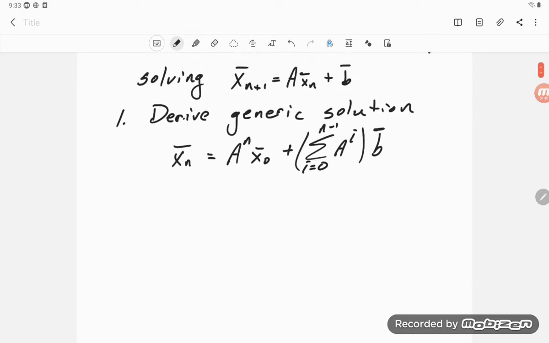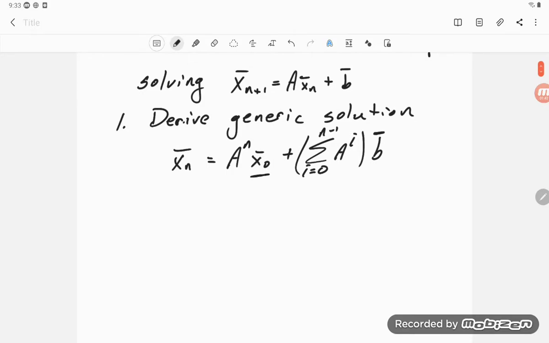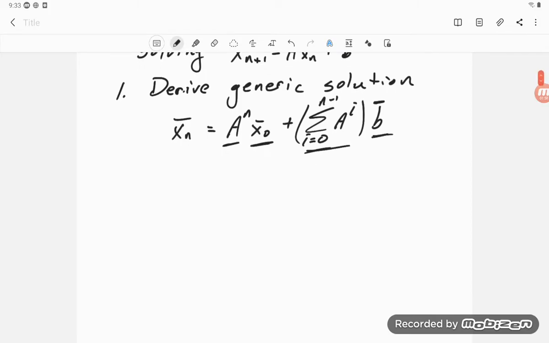So since we're given x0 to start with and b, you just have to compute these other two things, these powers of A and the sum of them in the one case. And that could be extremely computationally intensive if the matrix A is not diagonalizable, which it may not be. But if it is, it makes our life much easier.